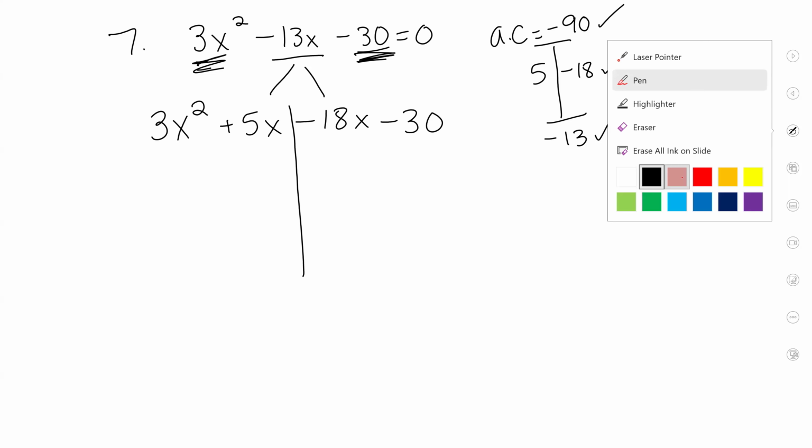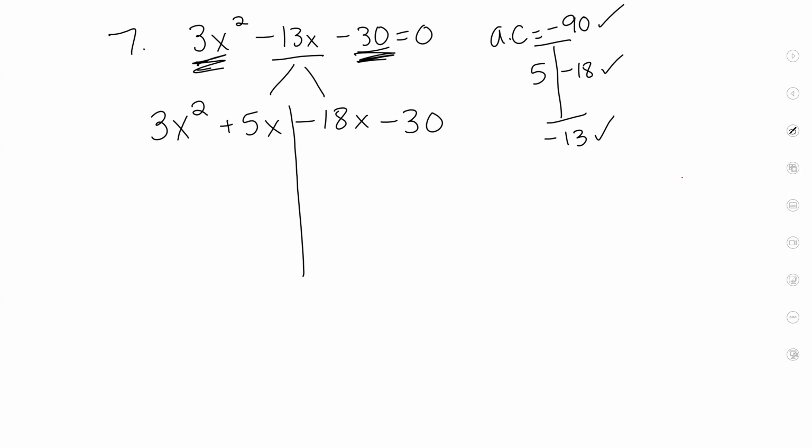Okay, now let's see what we're going to divide. On this side, what can these both be divided by? X. That means x is on the outside. I'm left with 3x plus 5. Now let's do this side.